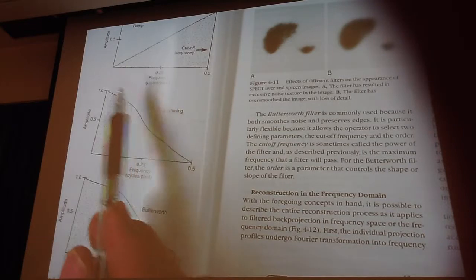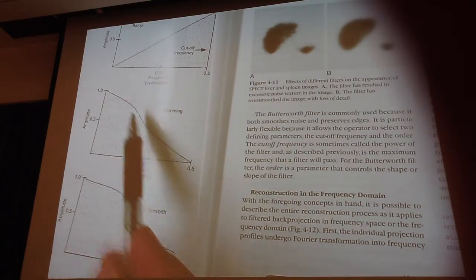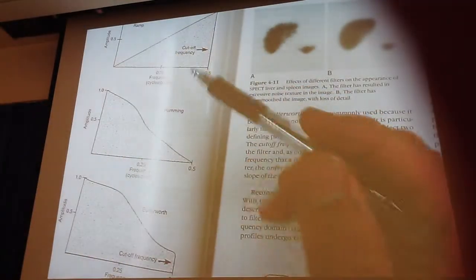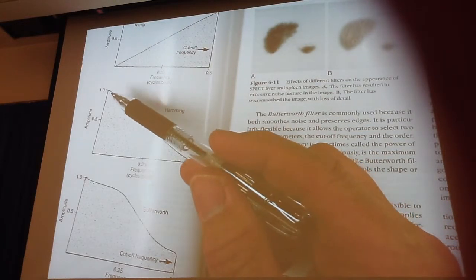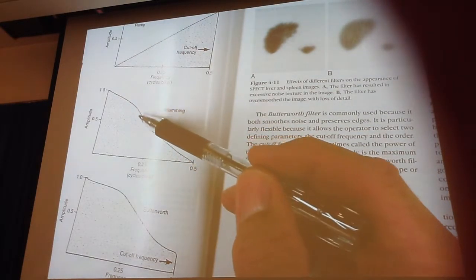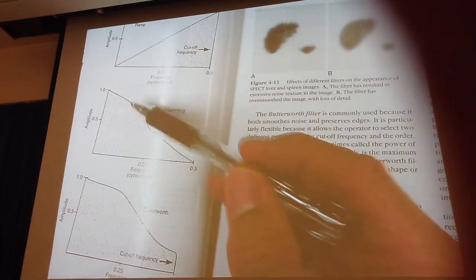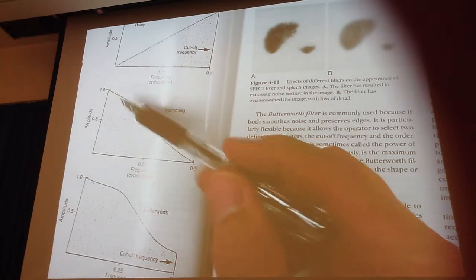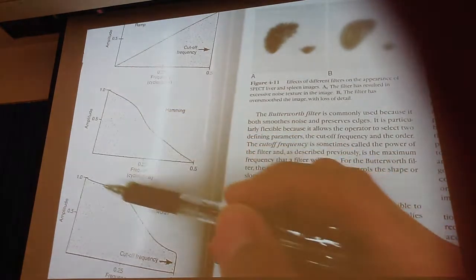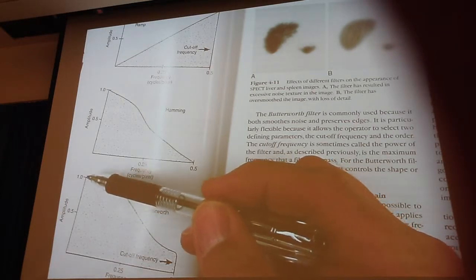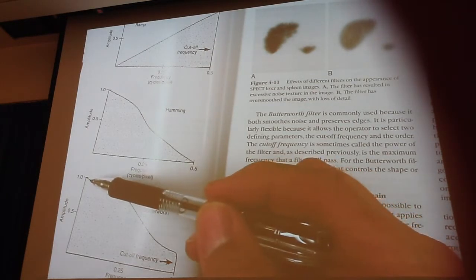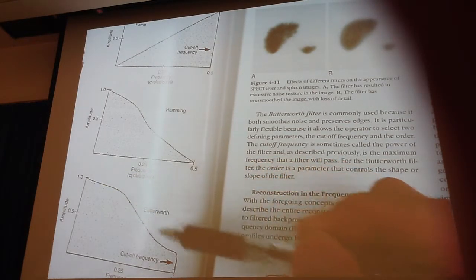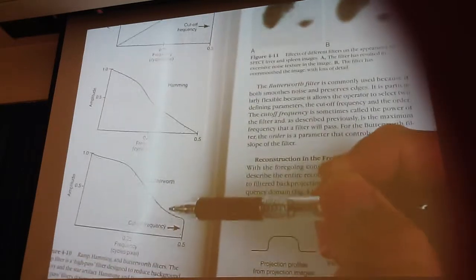This thing up here is what they call the order, or the slope. So in other words, what this means is that in this case here, the filter is being applied at much lower count rates than this one down here.